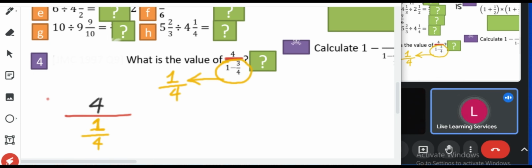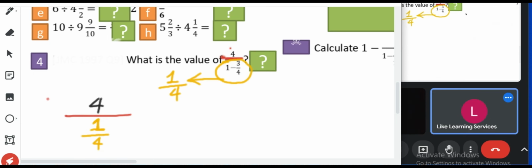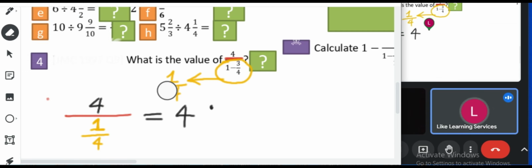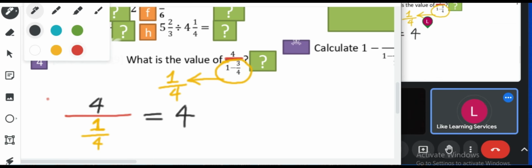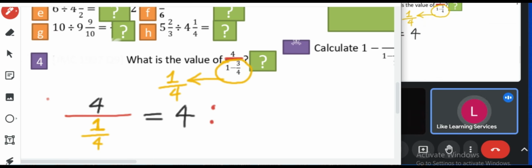So it simply means 4 divided by a quarter. Over means division. So this is the same thing as saying 4 divided by a quarter. That line means division. So you can now work it out.